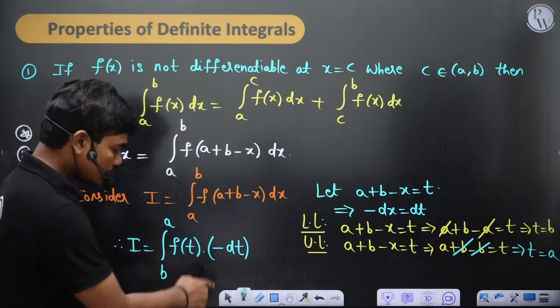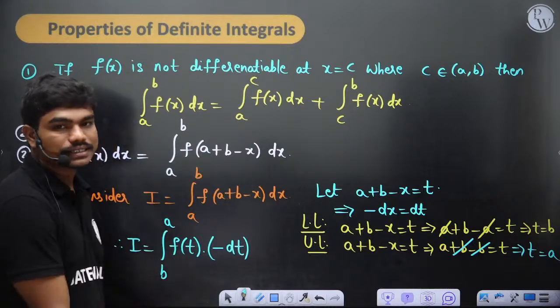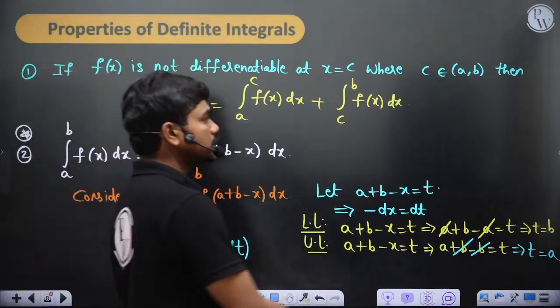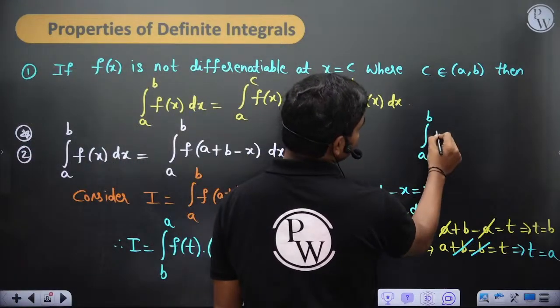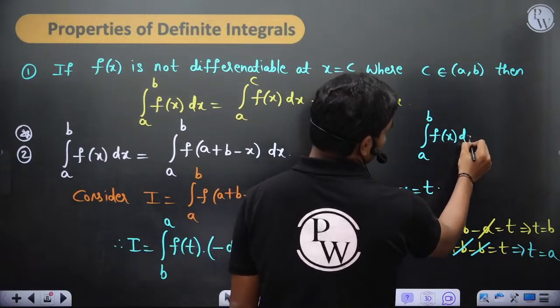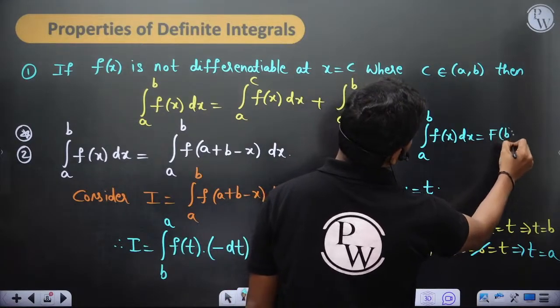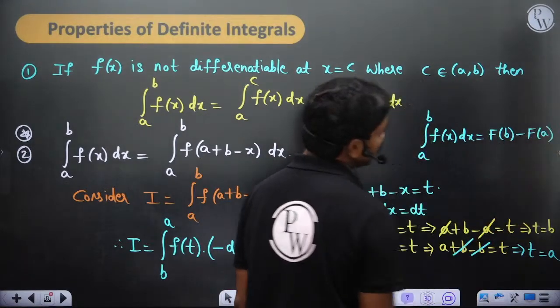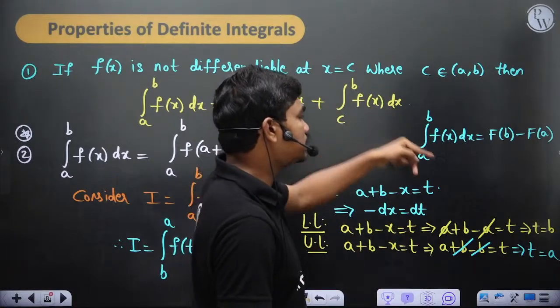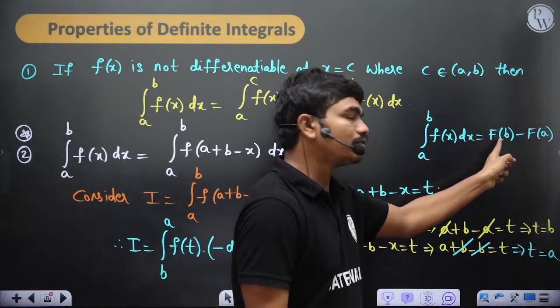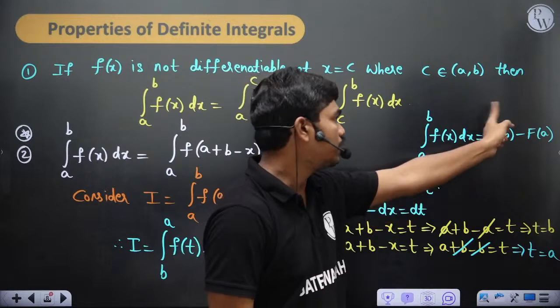Now you know that using this minus sign I can swap these limits, correct? Because when we defined the integration, the fundamental theorem gives you, if you know the antiderivative, f of b minus f of a, of course. Now if you swap these two limits, then there is a minus sign, because it becomes f of a minus f of b, which is a minus sign of the actual value.